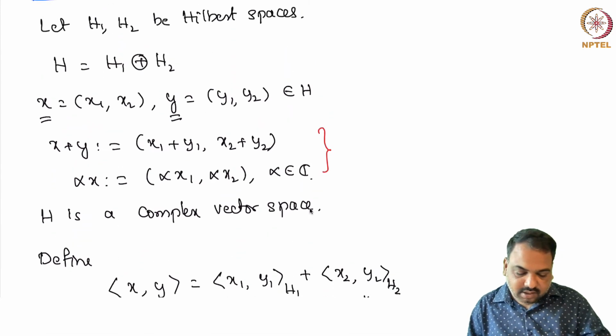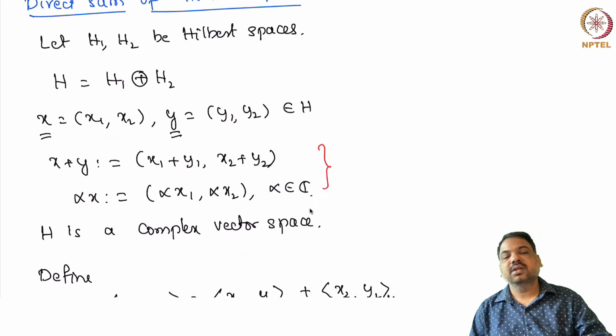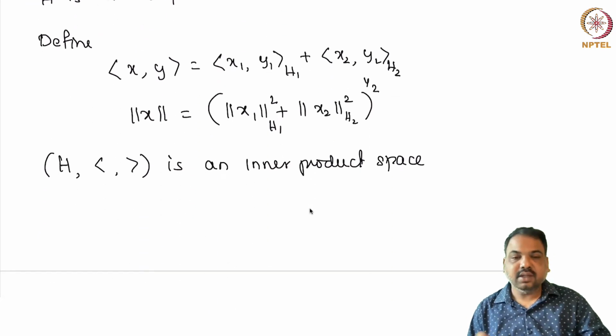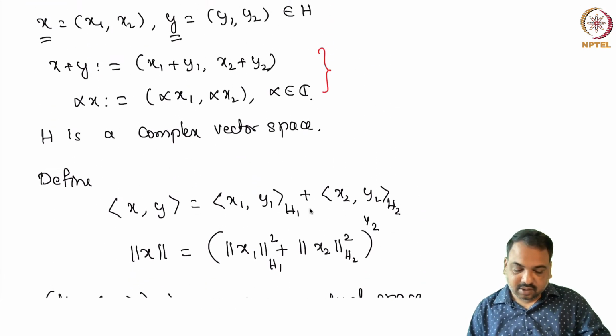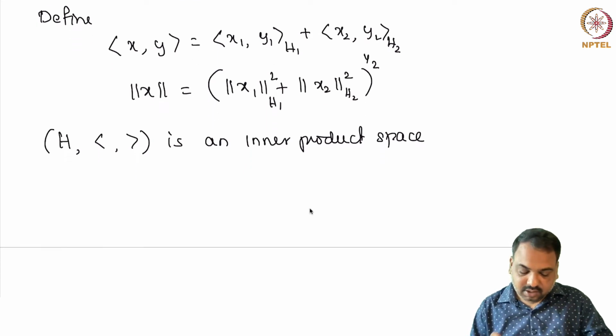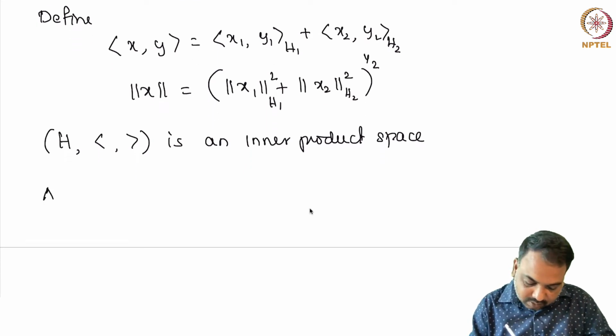We can actually very well start with H1, H2 to be inner product spaces and show that H is an inner product space, but we started with Hilbert spaces. So because H1 and H2 are Hilbert spaces, we can show that also it's a Hilbert space.